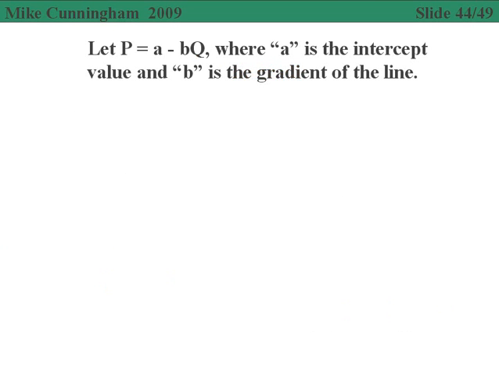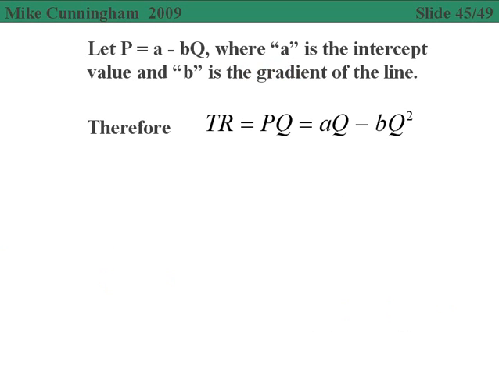So we'll let the price equal A minus BQ. A is the intercept term and B is the gradient of the line. Now if we multiply by Q, total revenue is equal to price times quantity. We know what price is: price is equal to A minus BQ. That's a straight line.